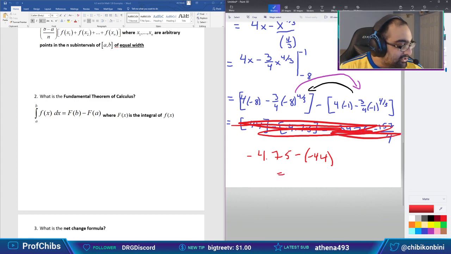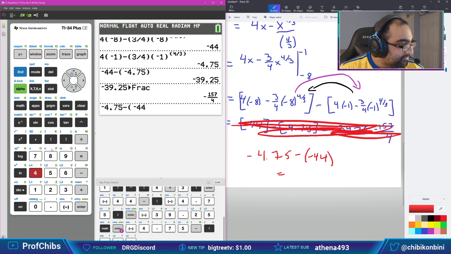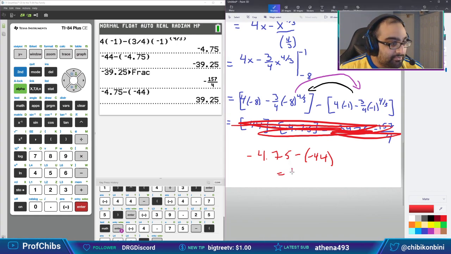All right, so now let's do that on the calculator and let's figure that out. All right, so we get 39.25, and that should be positive 157 over 4. Okay. So that's what we should get here for this. And now let's check. Let's just put it as a positive.